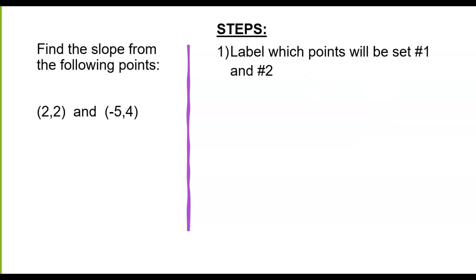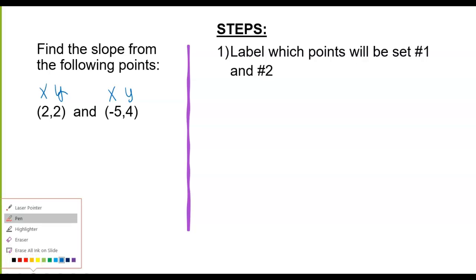All right, so now that we've copied step 1, let's go to the left-hand side and actually do step 1. If we remember, our formula had numbers like y2, y1, x2, x1. Well, if we go over to our ordered pairs, we know that every ordered pair has an x and a y value, right? But we need to decide which ordered pair is going to be x1, x2, y1, y2.